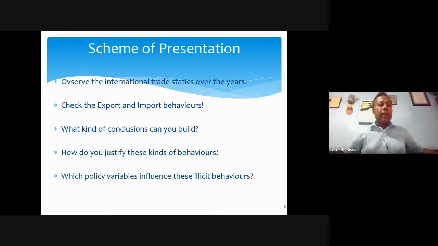And if the policies and the justifications go hand in hand, how do we blame or relate those behaviors to various policy variables? So that's my first thing I'm thinking of introducing.